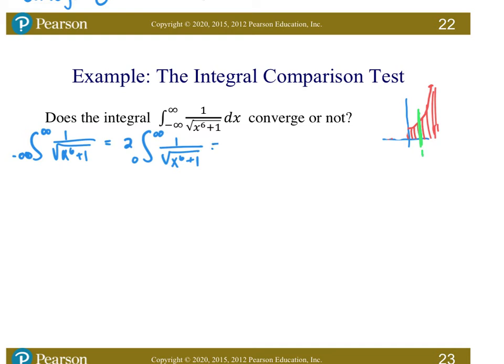So this should be equal to the integral, if I splice it, from 0 to 1 of 1 over the square root of x to the 6th plus 1 dx, plus 2 times the integral going from 1 to infinity. And that's just going to make our math a little bit easier.